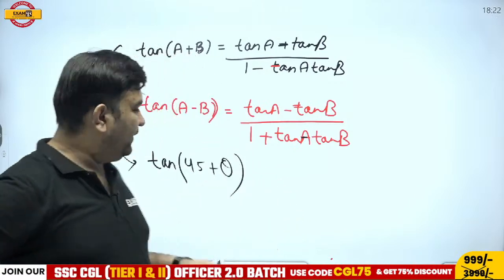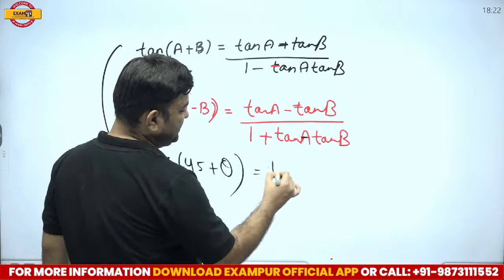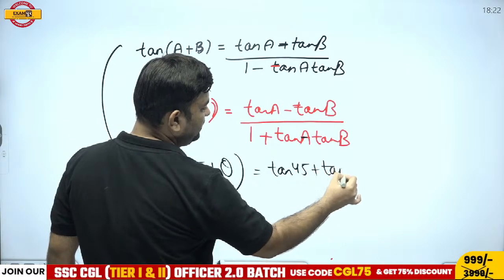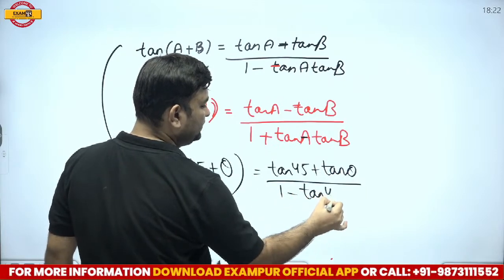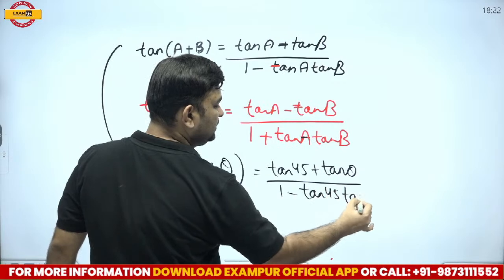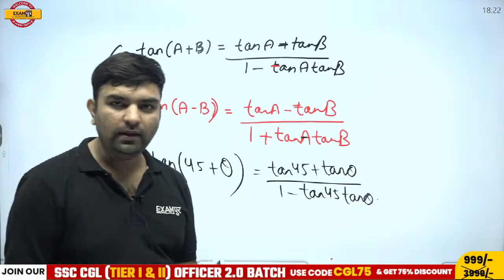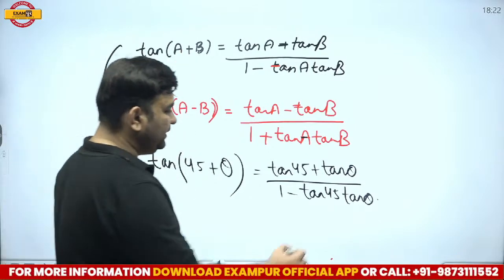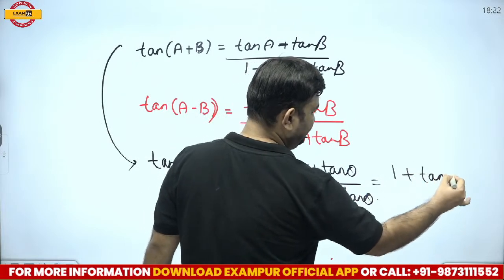Then it is tan 45 plus tan theta upon 1 minus tan 45 tan theta. Tan 45 is 1, so it is 1 plus tan theta upon 1 minus tan theta.